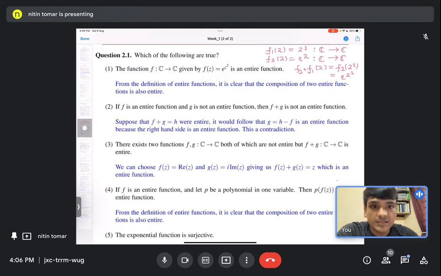In this way it is an entire function, because each of f1 and f2 is an entire function, and therefore their composition is also an entire function. Okay.